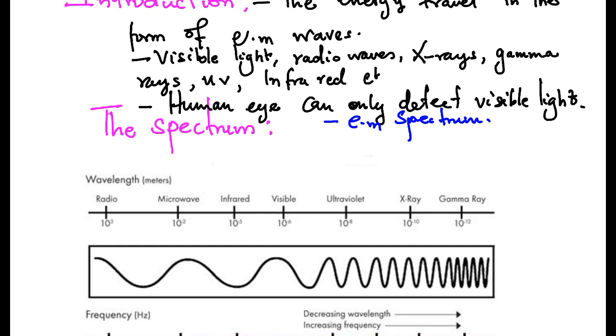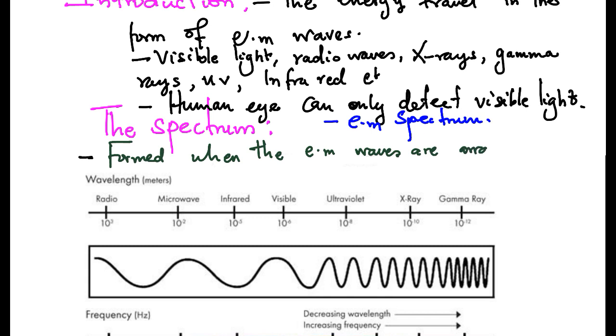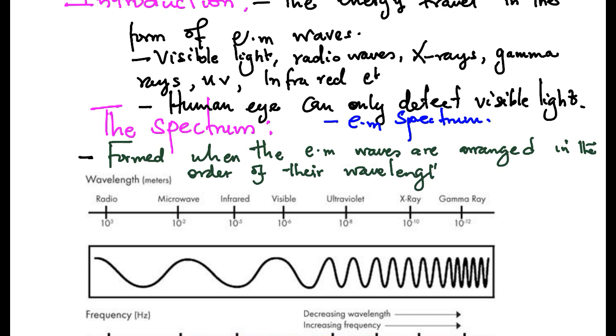The spectrum is basically formed when these waves are arranged in their order of wavelengths and frequencies.